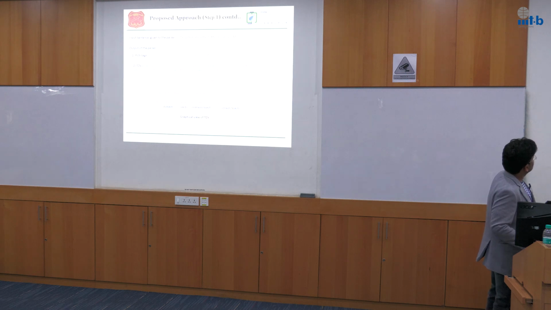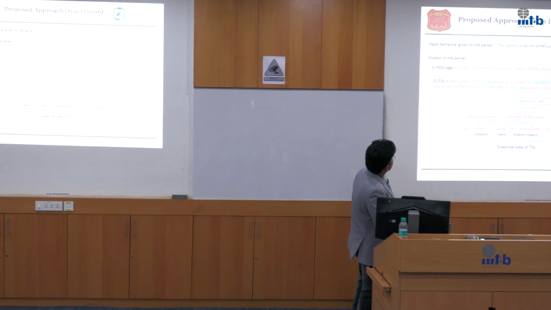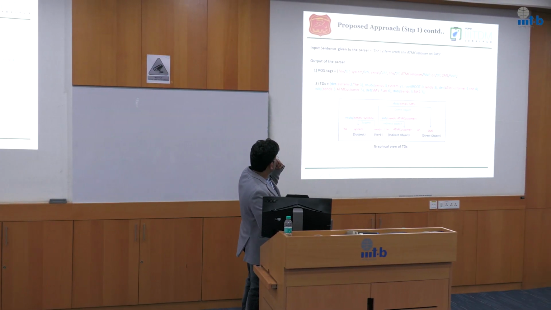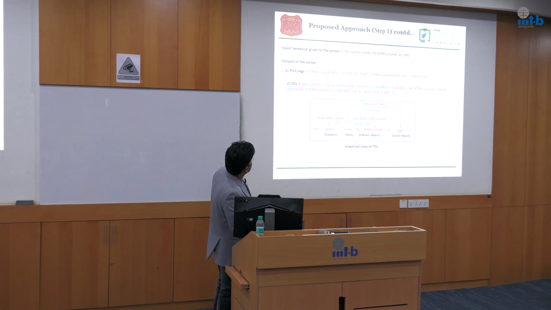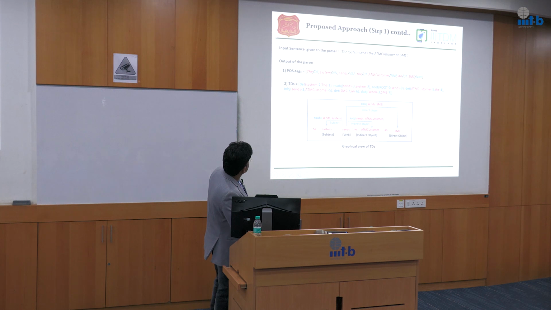relationship from type dependencies. Here, in one more example I have shown, the system sends the ATM customer an SMS, right? For this sentence, the type dependencies generated by the parser are given here in a graphical view. The system sends the ATM customer an SMS.